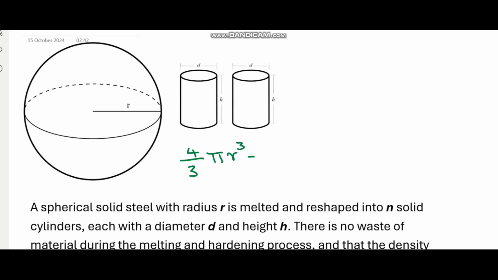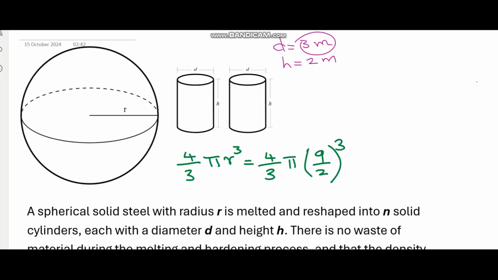So that's 4 over 3 pi, r is 4.5, so we can put 9 over 2, cubed.